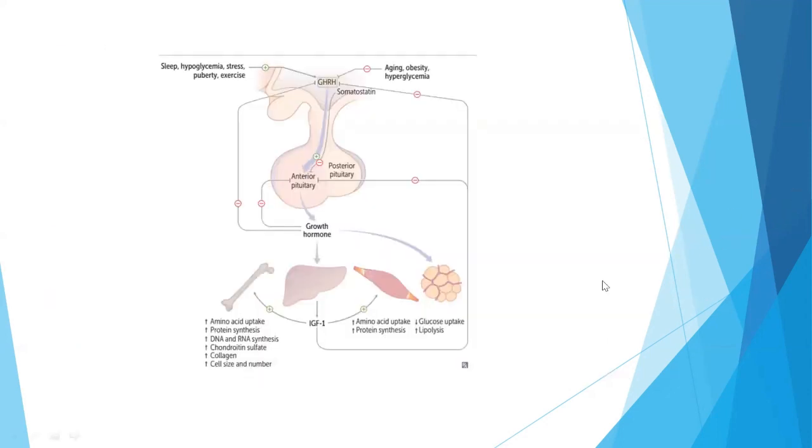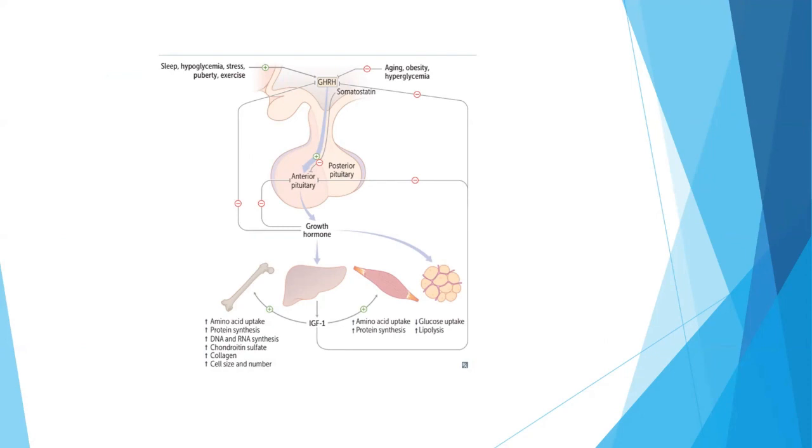So let's discuss the other hormones' mechanisms too. So here we have the growth hormone. When the patient sleeps well, like in case of a child, we advise the child to sleep well because sleep induces the growth hormone releasing hormone secretion.